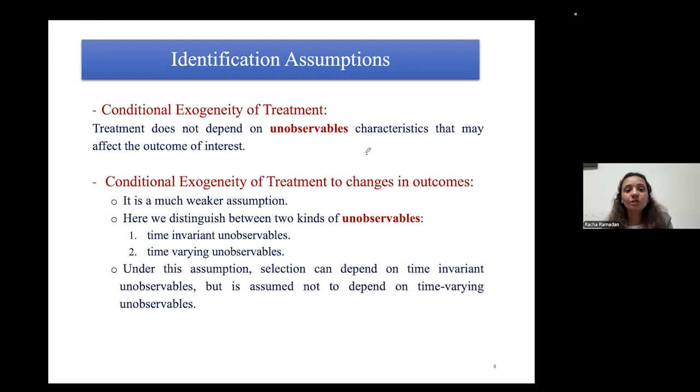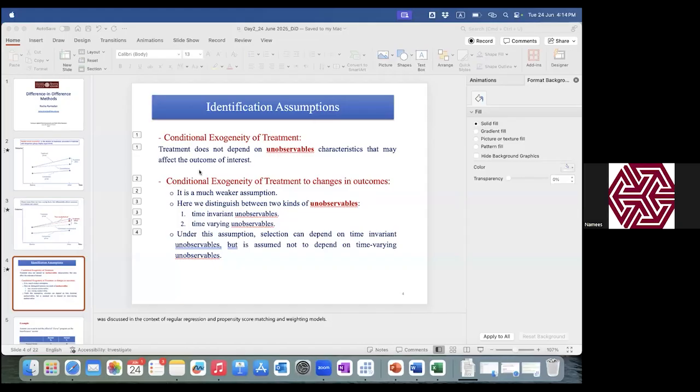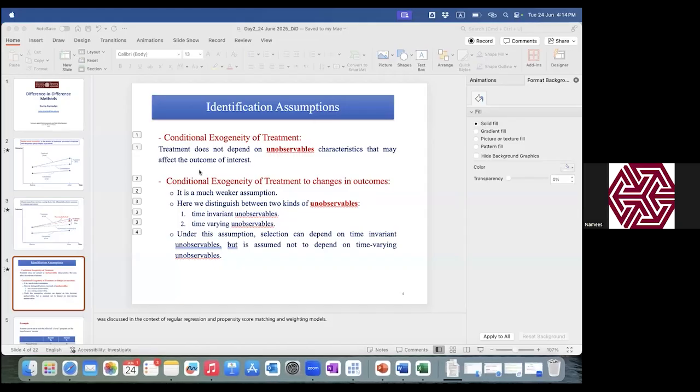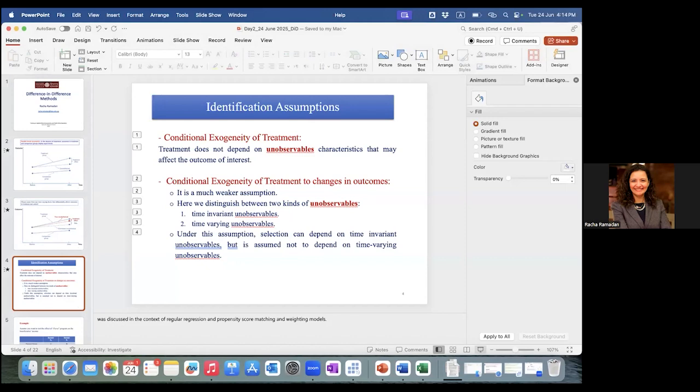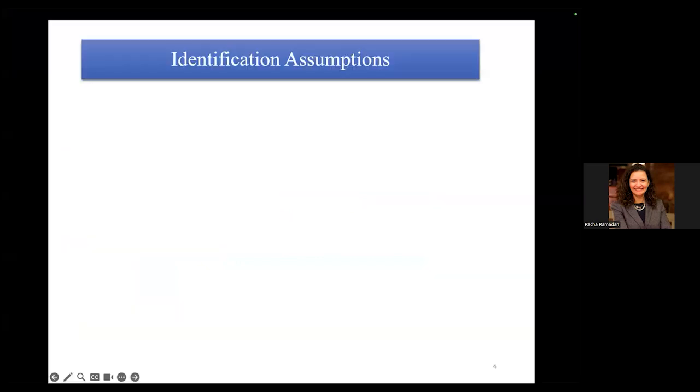So again, the condition of exogeneity of treatment is not justified, because individuals have characteristics that we cannot observe or control that affect the selection. But we can rely on the weaker condition, which divides the unobservable characteristics into two parts.